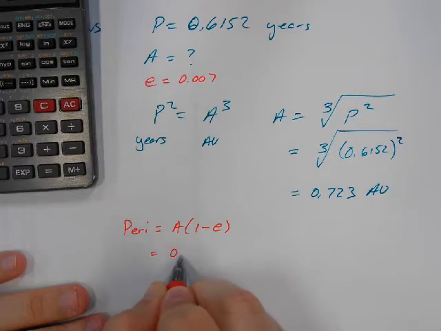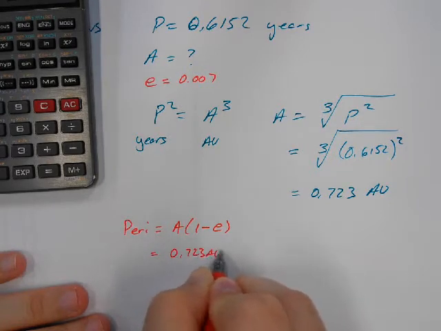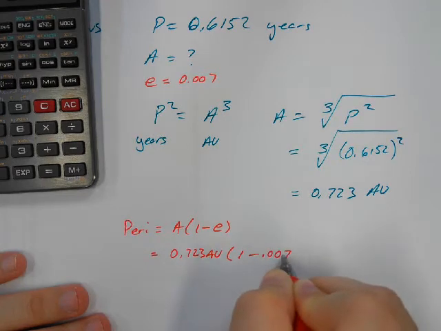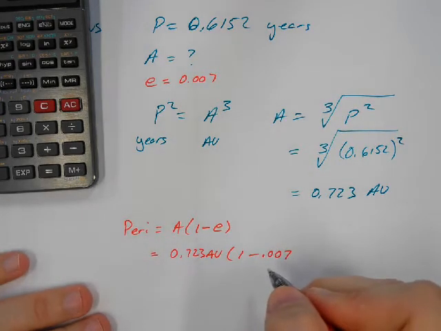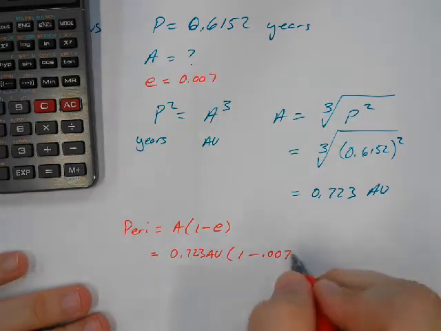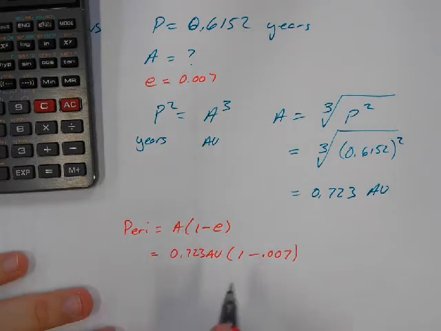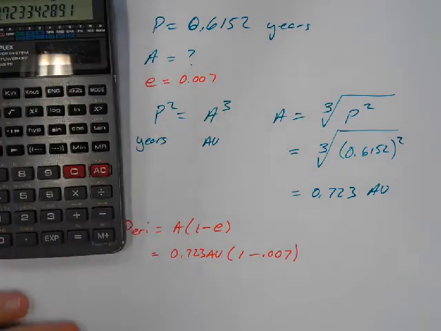That is 0.723 AU times 1 minus 0.007. Yeah, that's right, 3 zeros. Oddly, Venus's orbit is fairly circular. When you look at these, it's probably the most circular, so this is not a great one to calculate on, but oh well. We can calculate this.